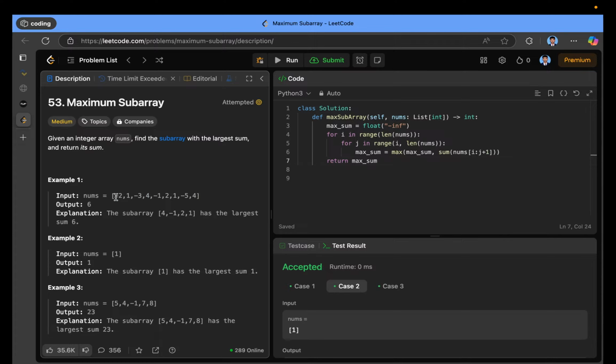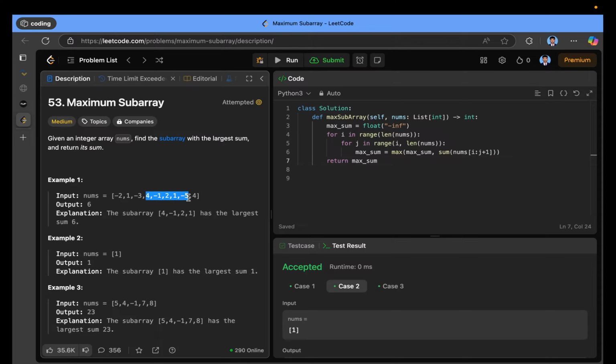Okay, -2. This is a negative number, so let's forget this one. Go to the second one. Now I'm on 1, -3. Again, the sum is negative. Then again, forget these two. Go to another one, 4. 4, -1 is 3. It is still positive. Then go to another one, that should be 4, -1 and 2. Wait, 5. And then now 6.